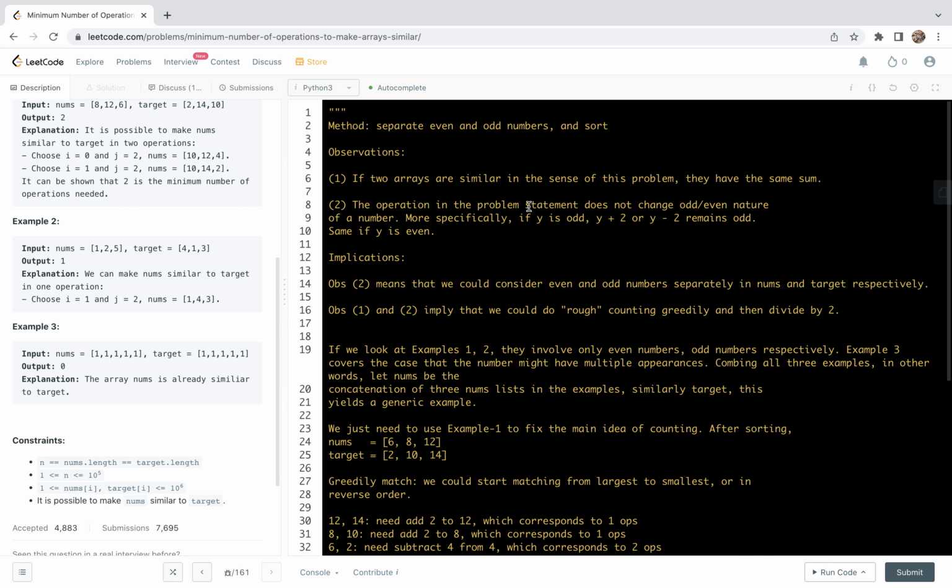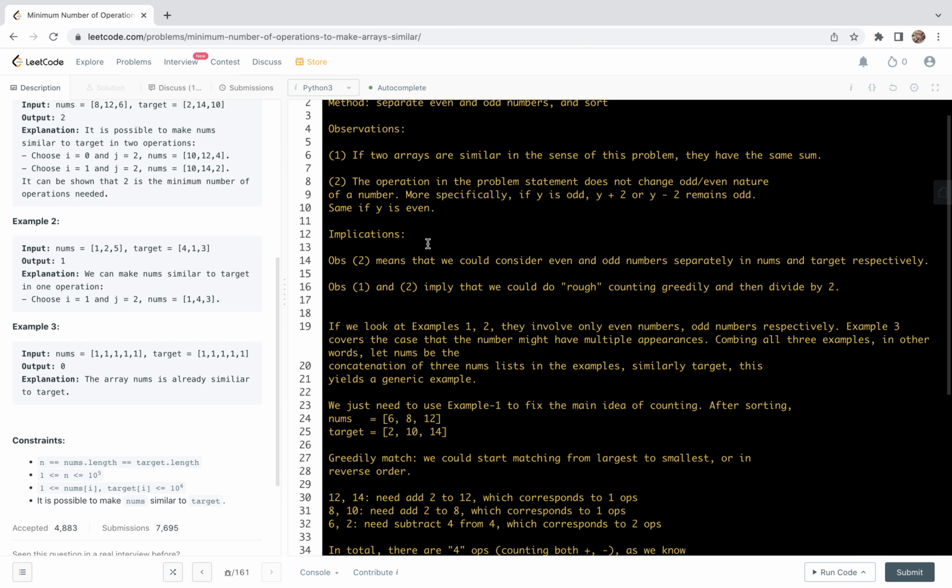The second observation is that the operation in the problem statement does not change the odd-even nature of a number. More specifically, if y is odd, then y plus 2 or minus 2 remains odd. Similarly, if y is even, this evenness is retained if you increment or decrement by 2.